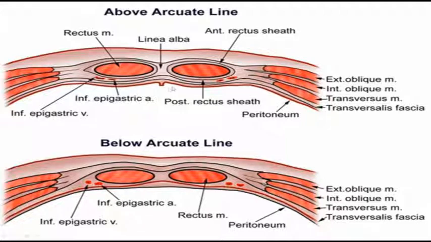This is the variation found above the arcuate line, while below the arcuate line, all three tendons of the anterior abdominal wall muscles pass anterior to the rectus abdominis muscle.